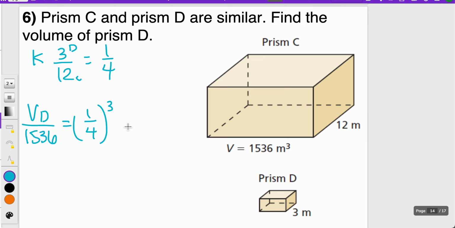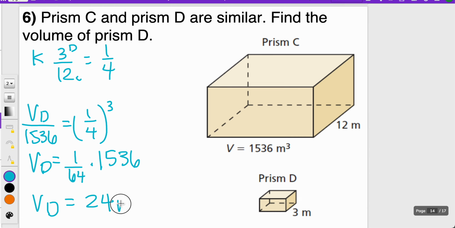It would just be 1536 over volume of D is equal to 4 cubed. To solve this, I'm going to multiply both sides by 1536, so the volume of D can be found if I take 1/4 cubed, which is 1/64, times 1536. So the volume of D is equal to 24 cubic meters.